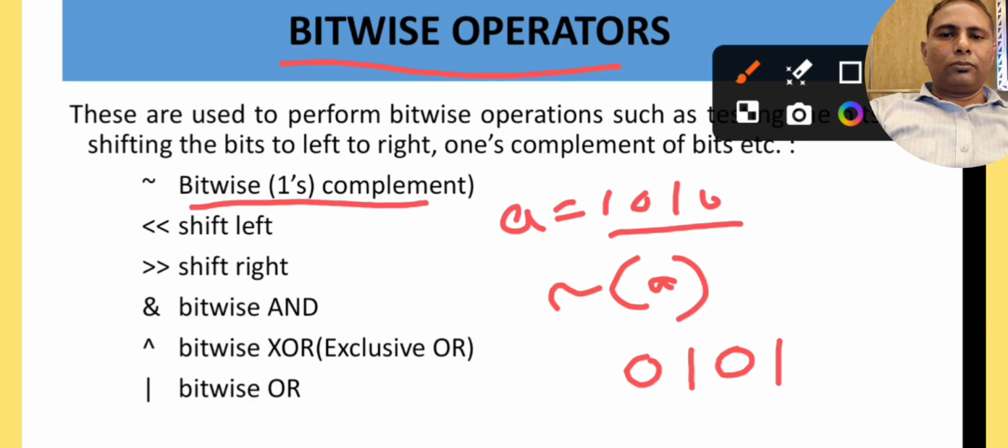Now if we talk about the shift operator, in case of the shift operator we have left shifting.